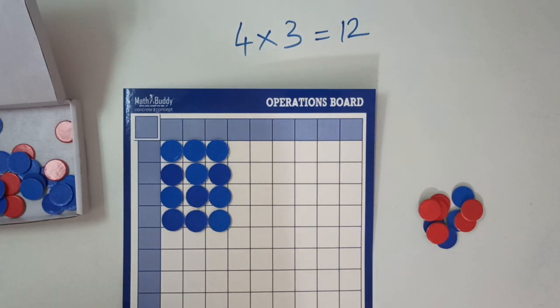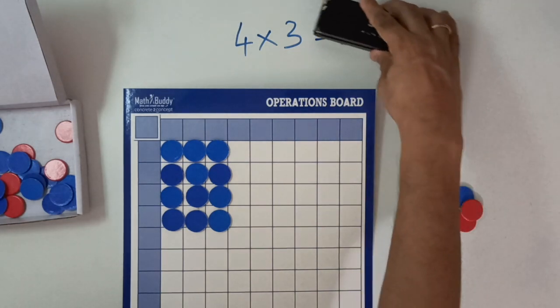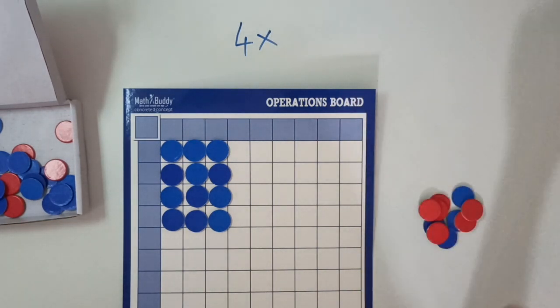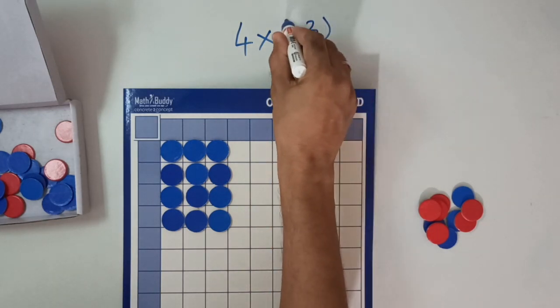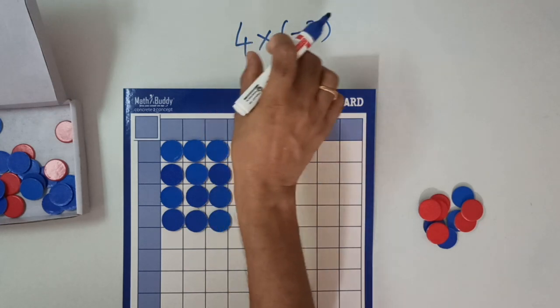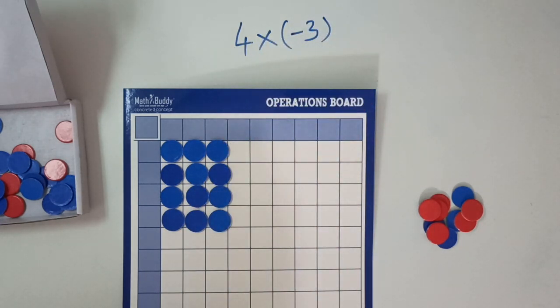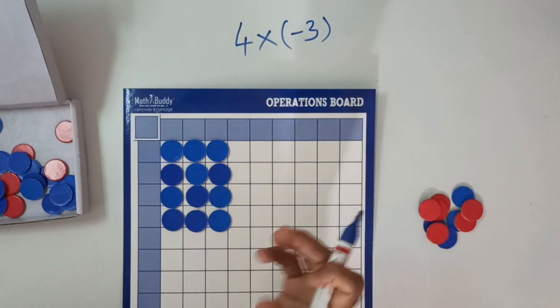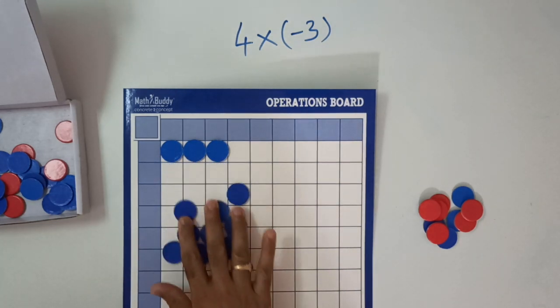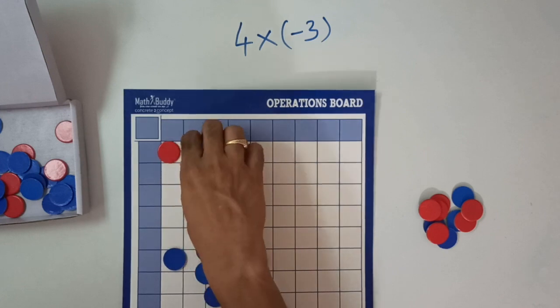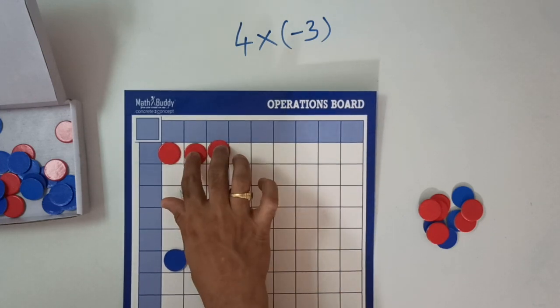We use the same concept when we do it with integers. Let's say the same thing was written differently as 4 times minus 3. I want to multiply 4 times minus 3. Minus 3 means 3 red chips. So all that changes here is I have 4 groups of 3 red chips.